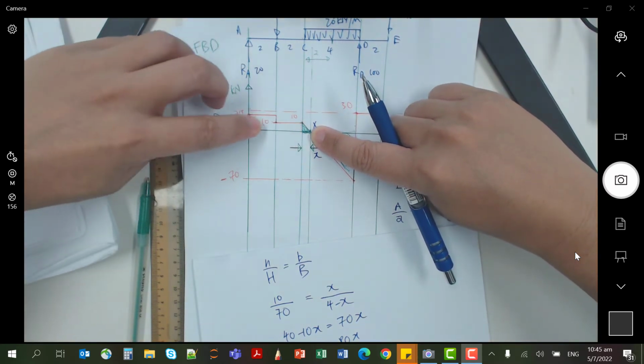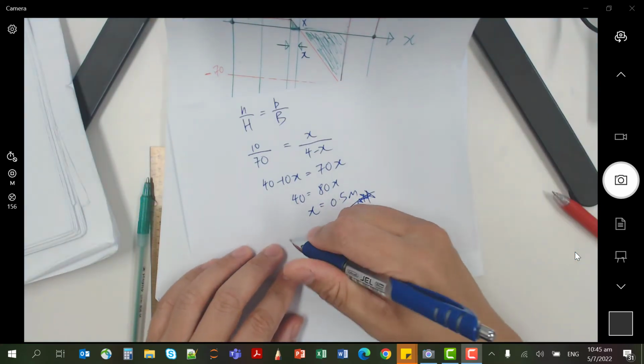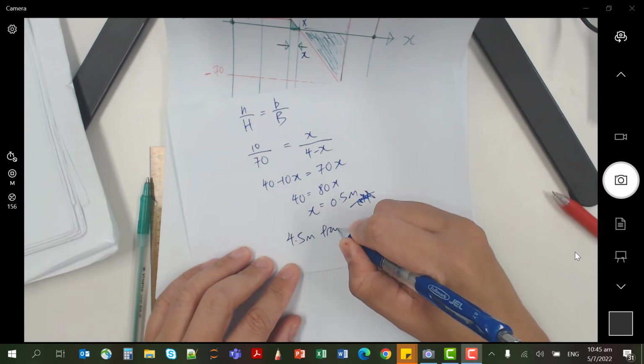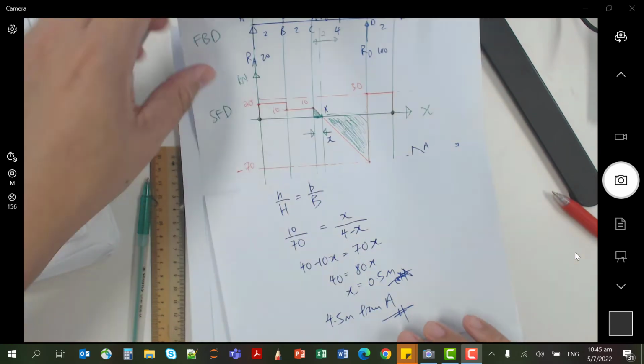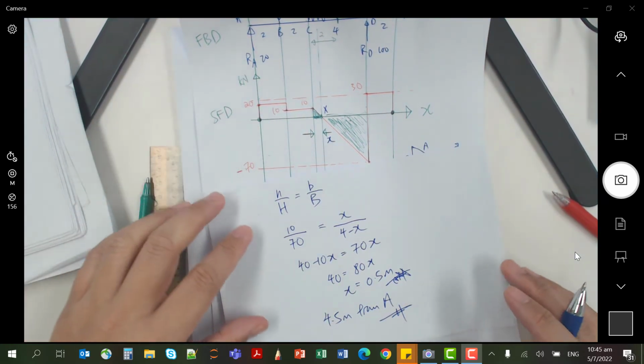This one is 0.5, but what is this one? The answer is 4.5 meters from A. You have to add this 4 meters because it's with reference from A.